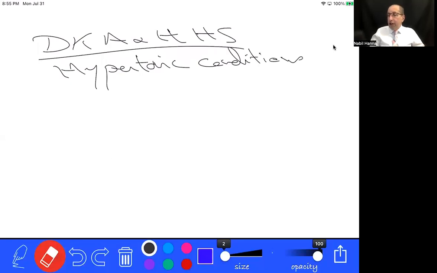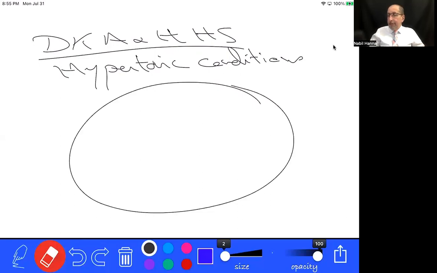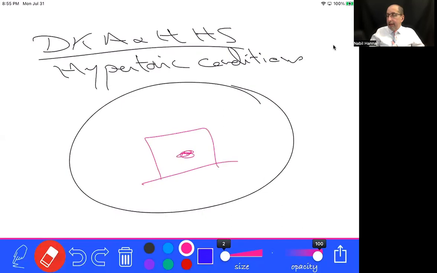In hypertonic conditions, the extracellular fluid is hypertonic because it has a lot of what?